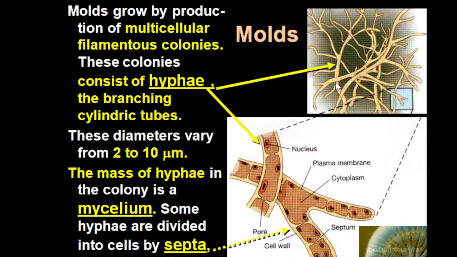So the colony of the fungus is really a mycelium. Some hyphae can be divided by septa, that is, cross walls, but they don't give complete separation.